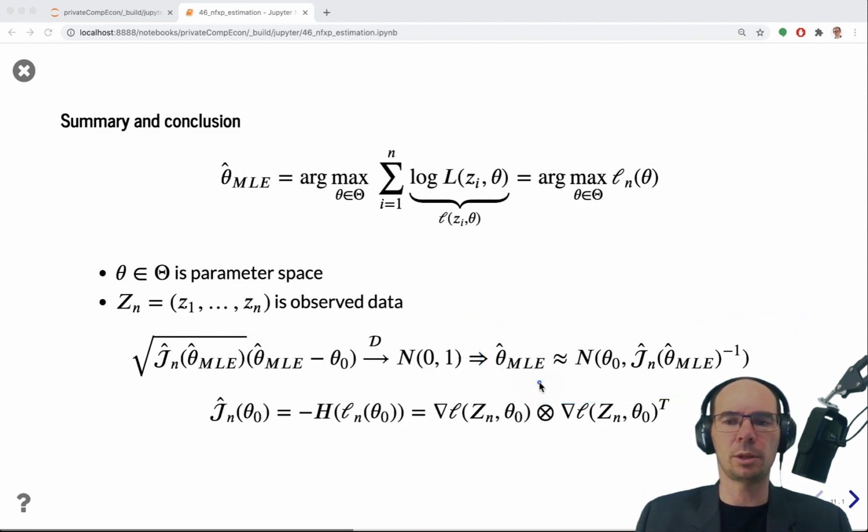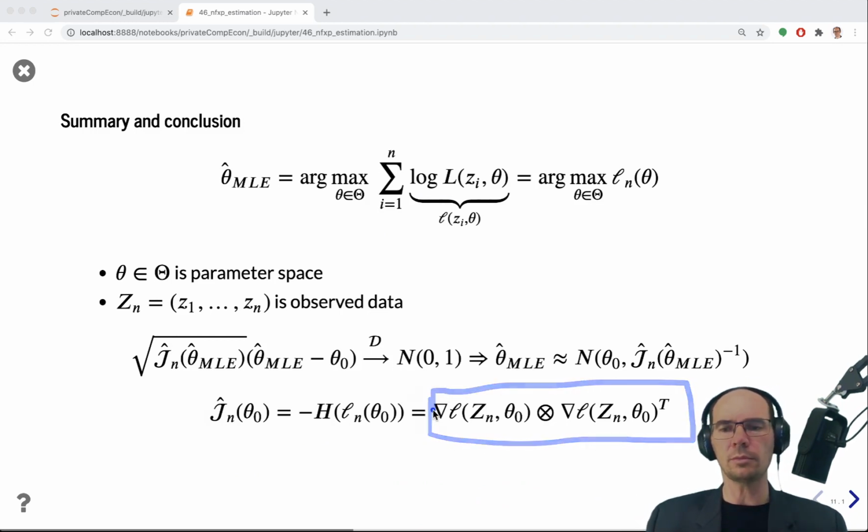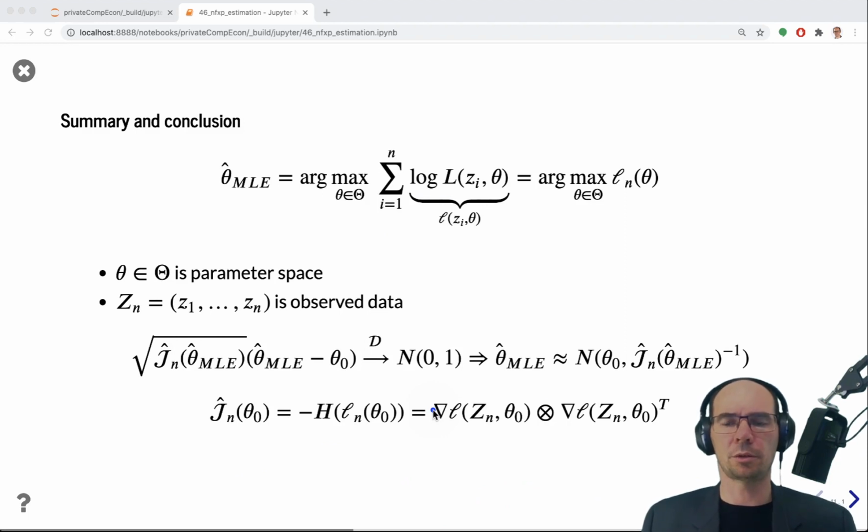The maximum likelihood estimator is approximately distributed as normal, centered around the true value, and has the variance covariance matrix given by the inverse of the observed Fisher information, where the Fisher information is equal to the negative Hessian, but it also is equal to the outer product of the gradients of the log likelihood function computed at each observation.